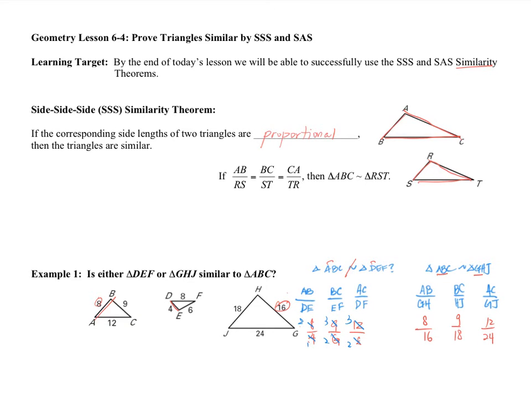You can go ahead and simplify. As you can see, after simplifying, the ratios are all the same. So we can say triangle ABC is similar to triangle GHJ.